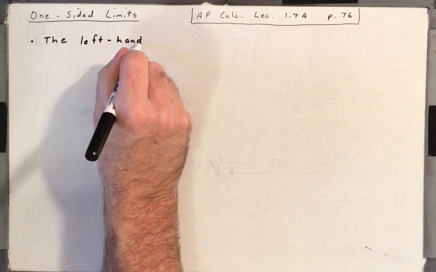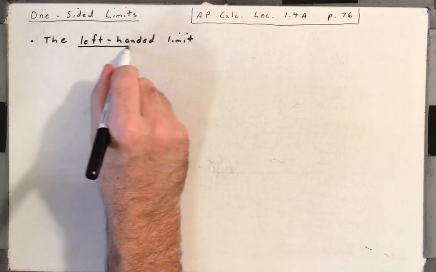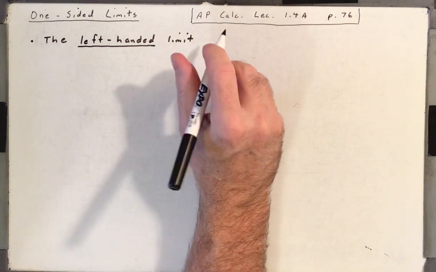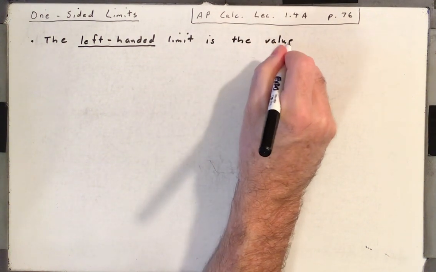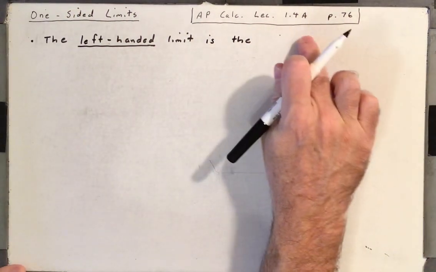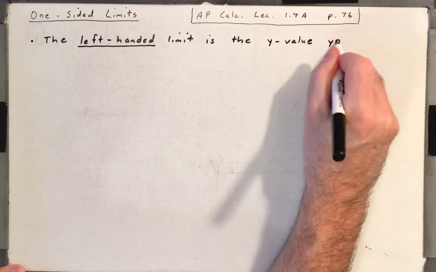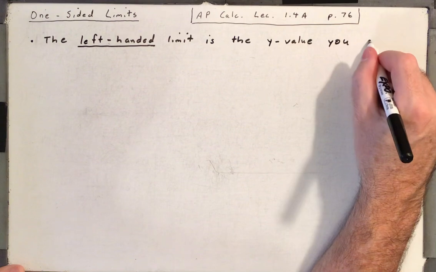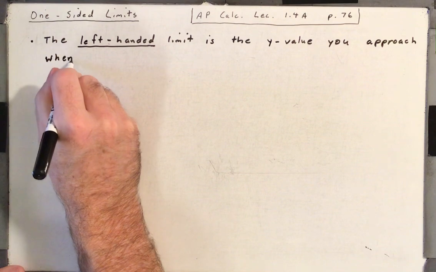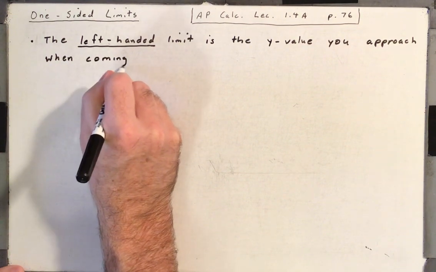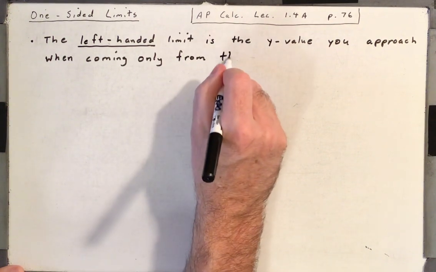The left-handed limit is the value, and of course this would be the y value you approach, because remember the limit is just the y value, when coming only from the left.